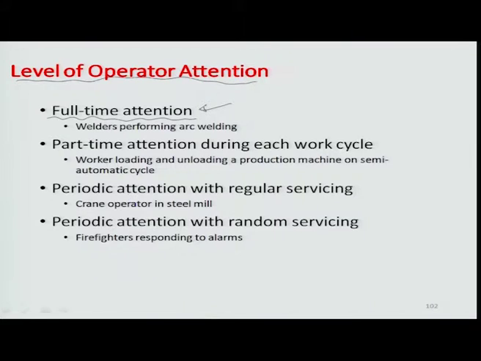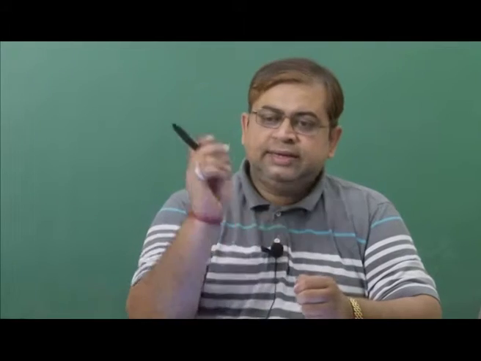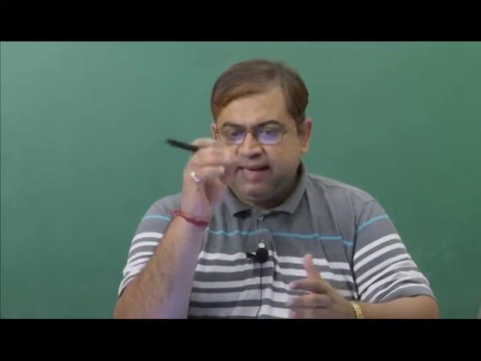Let us talk about a case of a welder, or a welding operation performed by arc welding. The arc is generated whenever the operator takes the welding electrode very near the workpiece, and then suddenly shifts back so that an arc is created. Once the arc is created, it is completely in the operator's control, and the gap needs to be maintained.